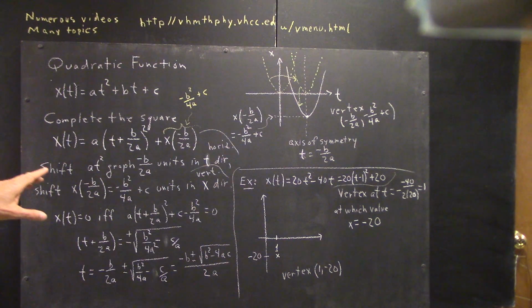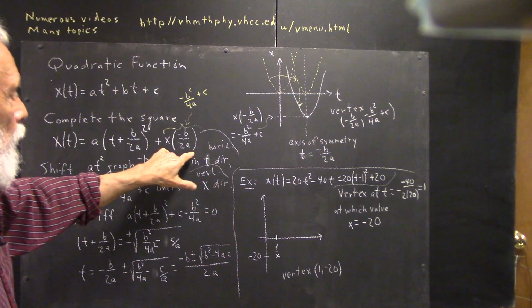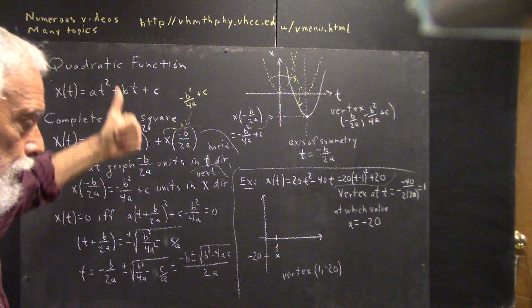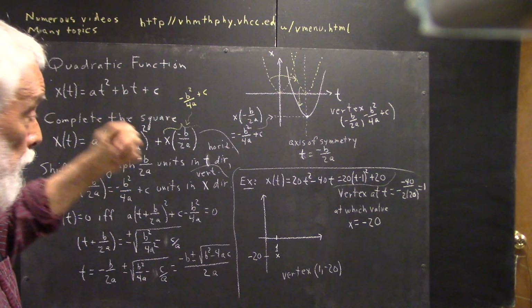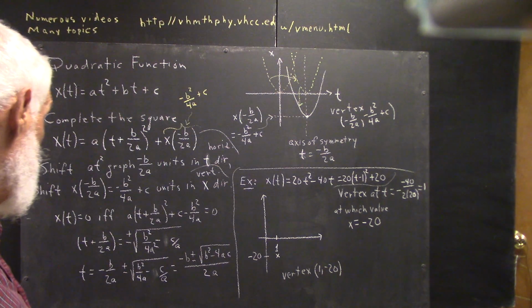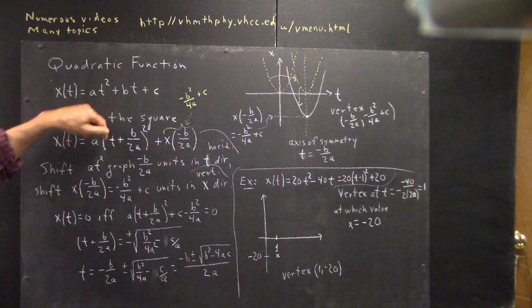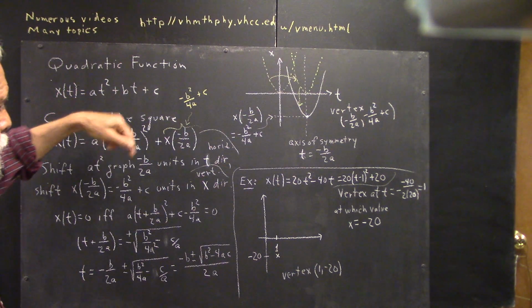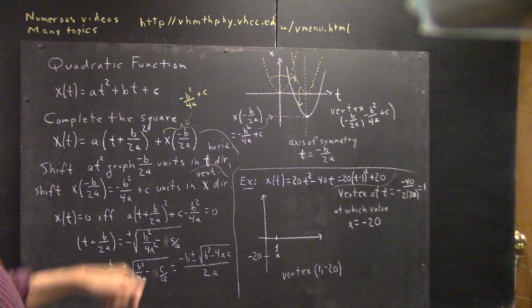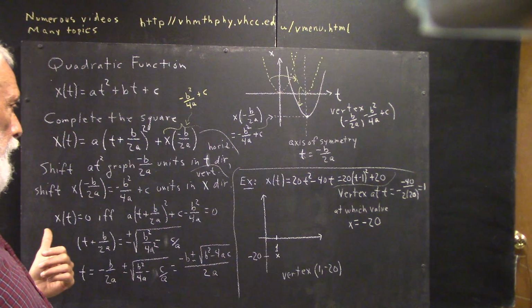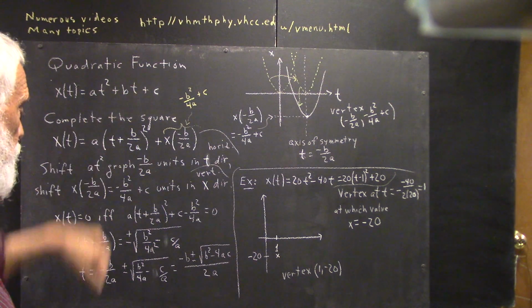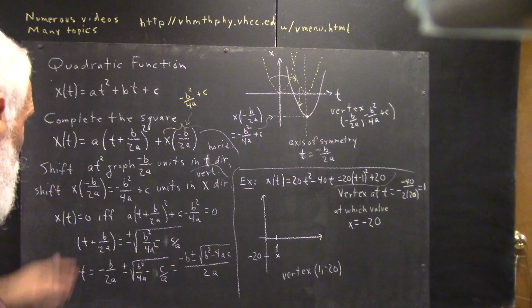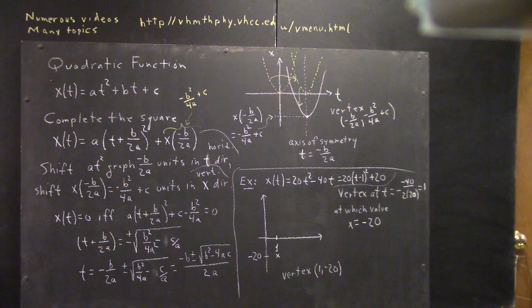Okay? Clearly, adding this to whatever this is shifts the graph in the vertical direction for reasons you should be very familiar with. Replacing t with t plus b over 2a shifts you in the negative b over 2a direction, by negative b over 2a units, in other words. Again, you need to understand why that is.